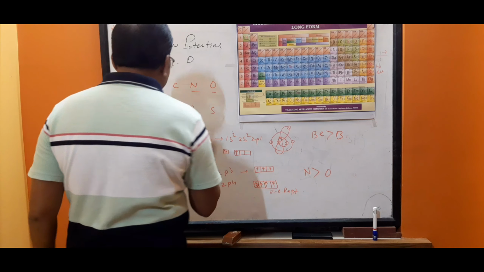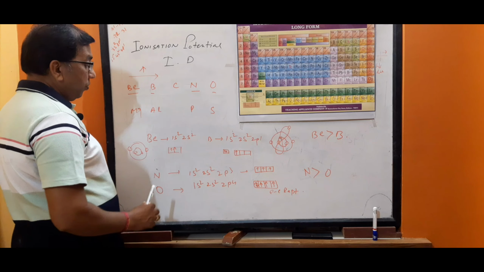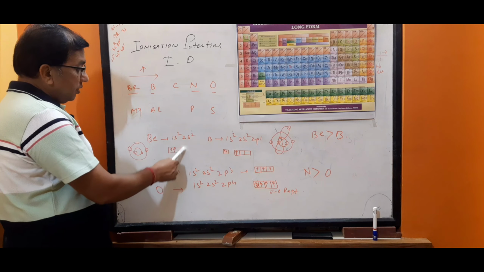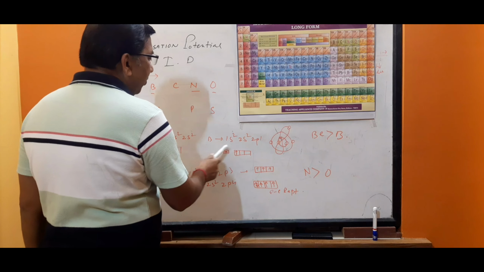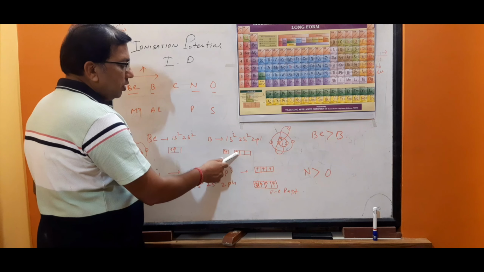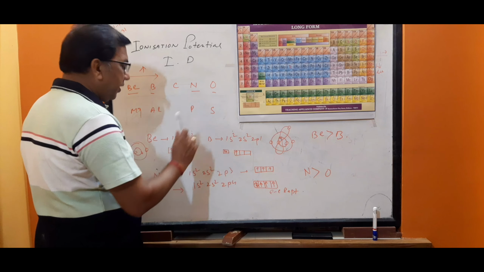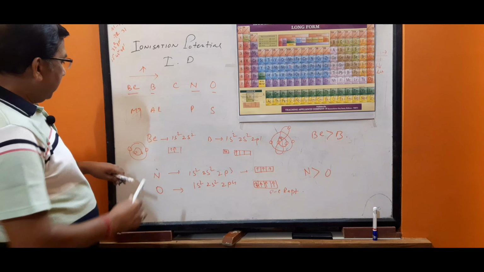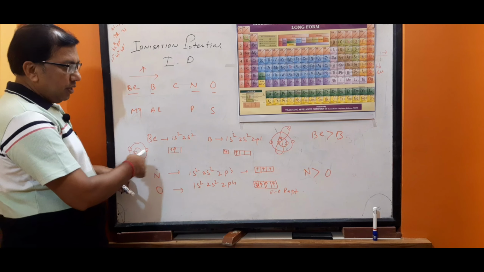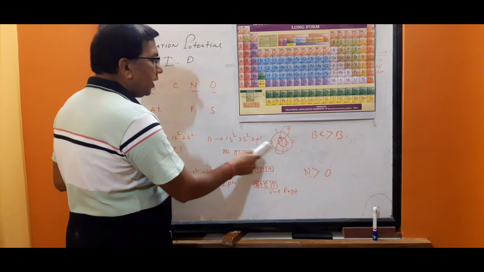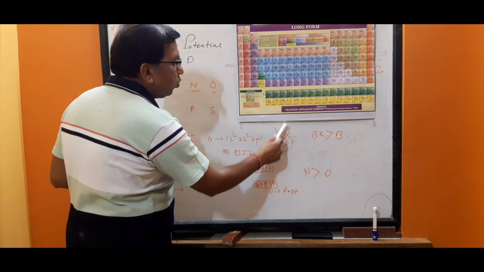See beryllium and boron. Beryllium's electron configuration is 1s2 2s2. Boron is 1s2 2s2 2p1, with one electron in the p orbital. The 2s orbital is stable, and then there are 1s, 2s and 2p orbitals.